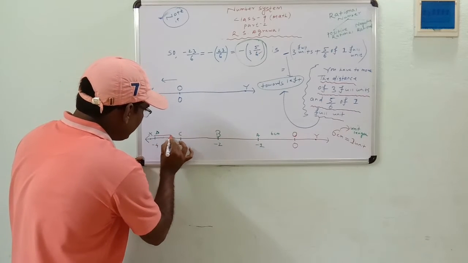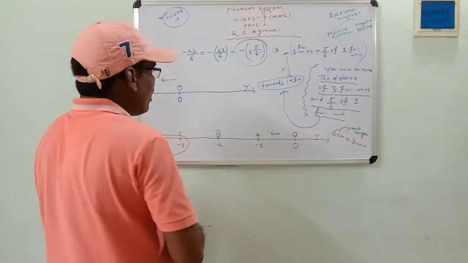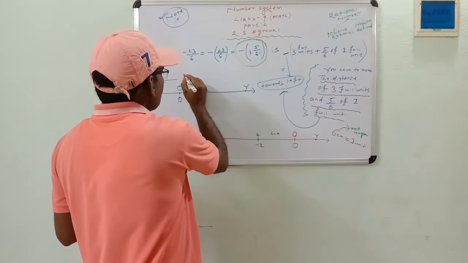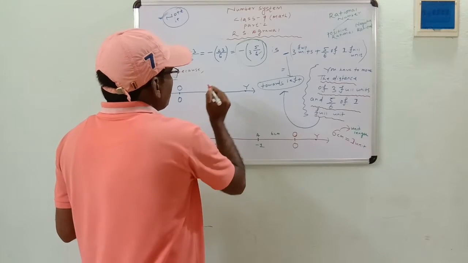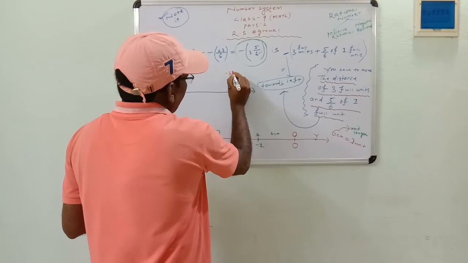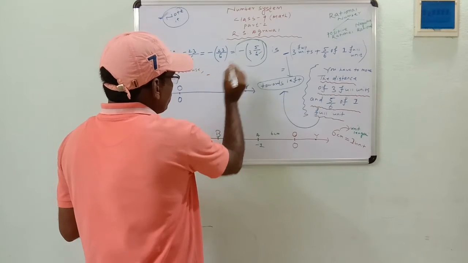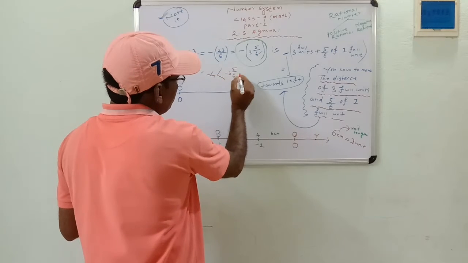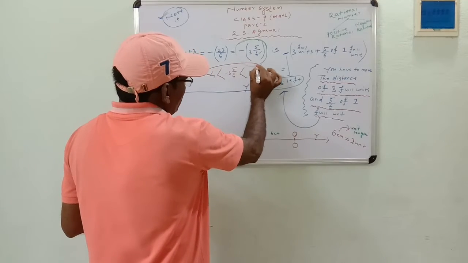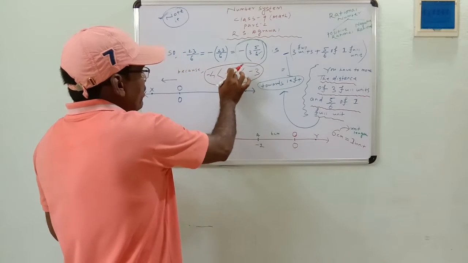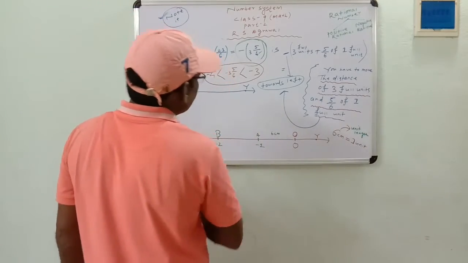In this part minus 3 full 5 by 6 will lie because minus 3 full 5 by 6 is greater than minus 4 and less than minus 3. So it means minus 3 full 5 by 6 will lie between minus 4 and minus 3 on the number line.